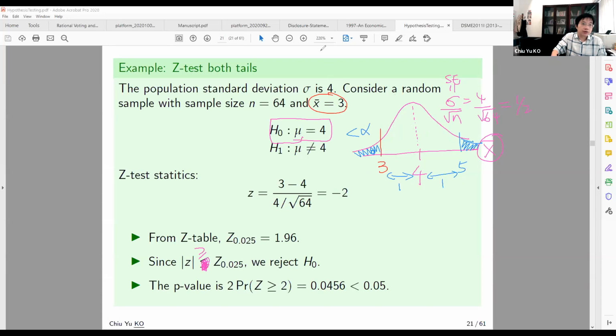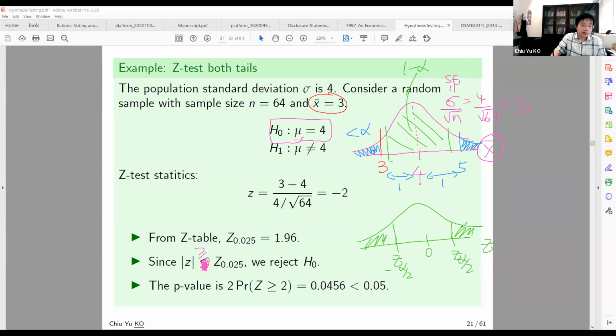To put it this way, is this the middle one, 1 minus alpha? So you compare this to the Z value. This is 0, and you want to check Z alpha over 2.